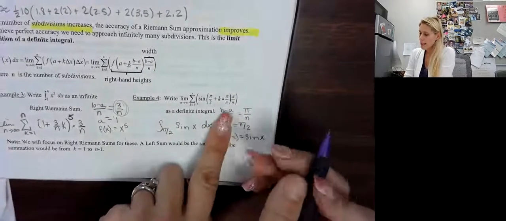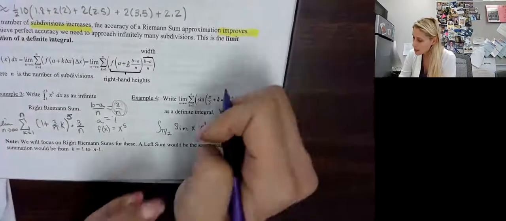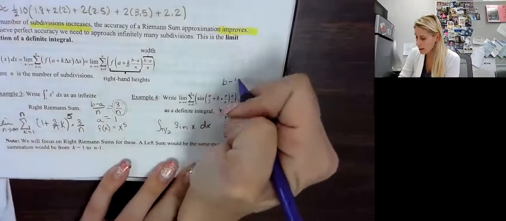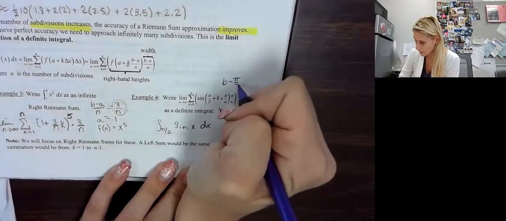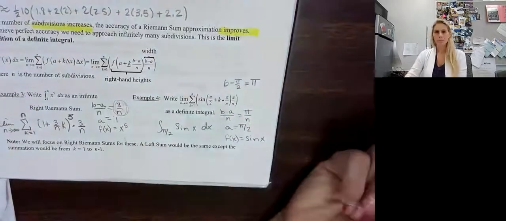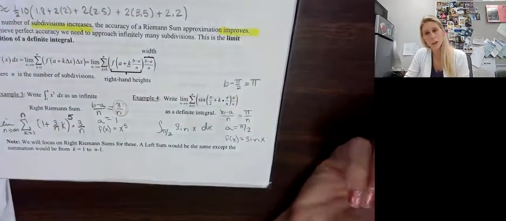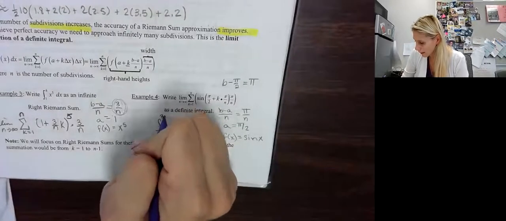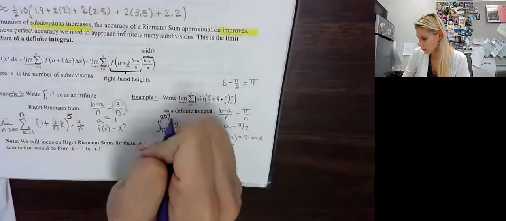So I know that b minus a is pi. So I'm going to write b minus, now what was a? A was pi over 2 equals pi. Well, add pi over 2 to both sides, and we end up with 3 pi over 2 as our upper limit.